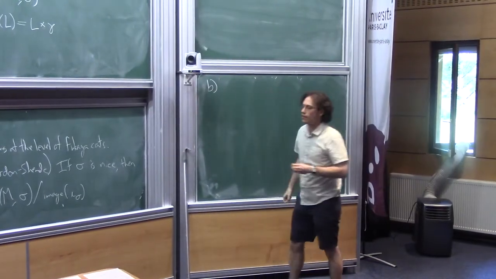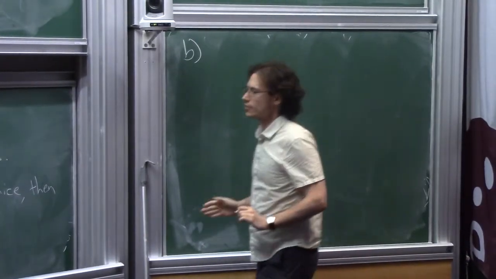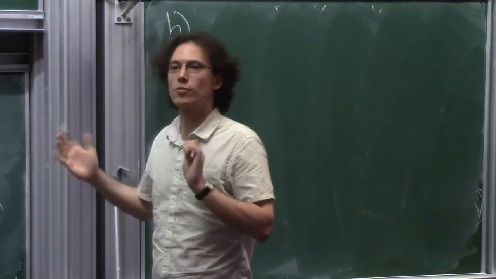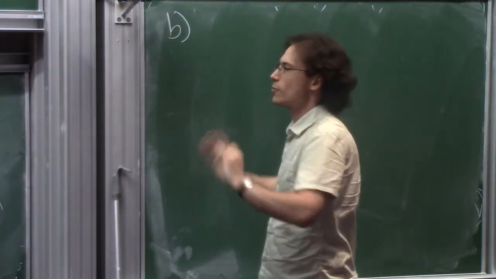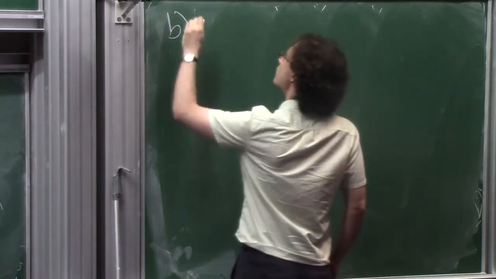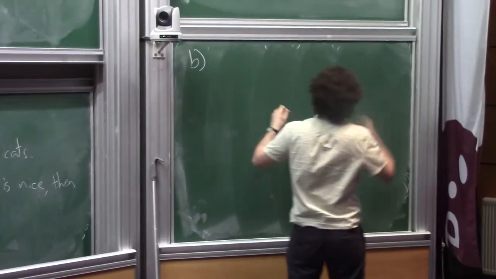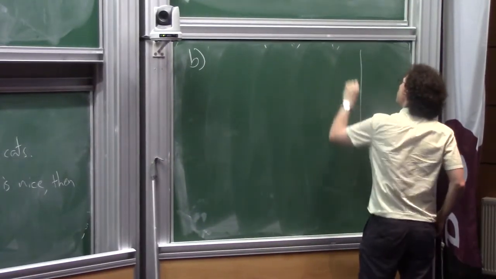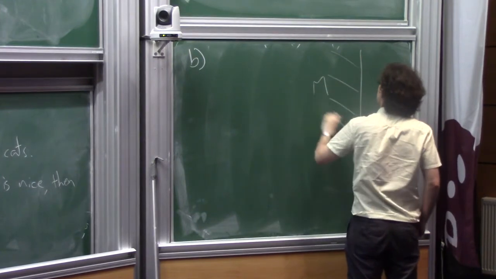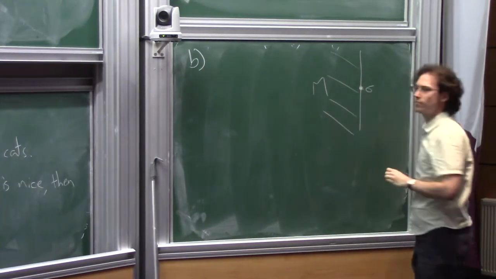The second version is maybe a little bit more interesting. It's worth saying that all of these have analogs at the level of sheaves, and from that perspective, I'm not saying anything surprising. So let's draw some pictures first. Here's sigma.